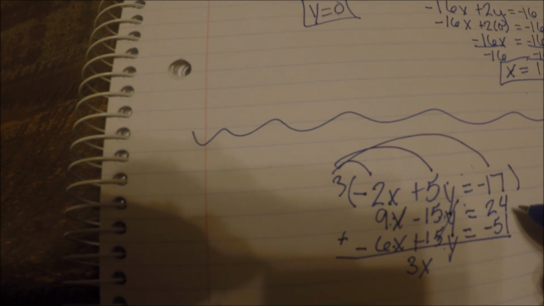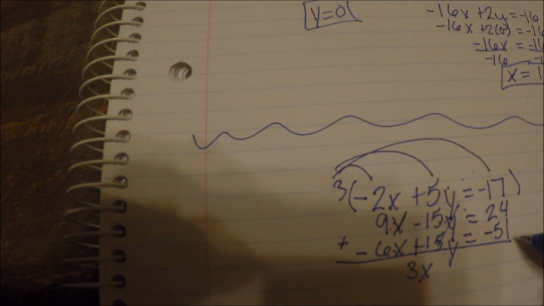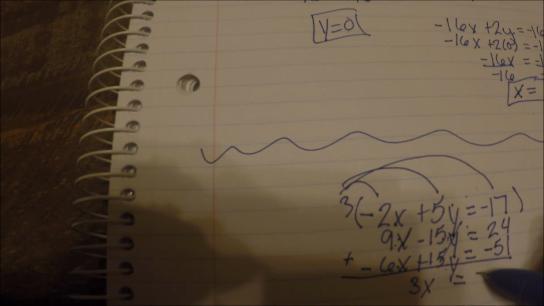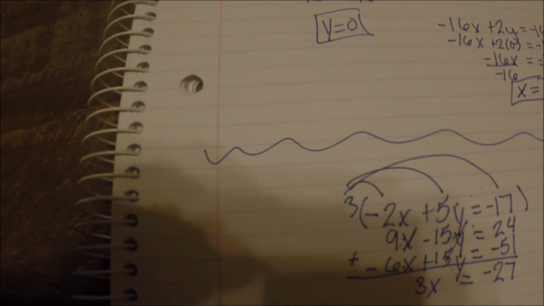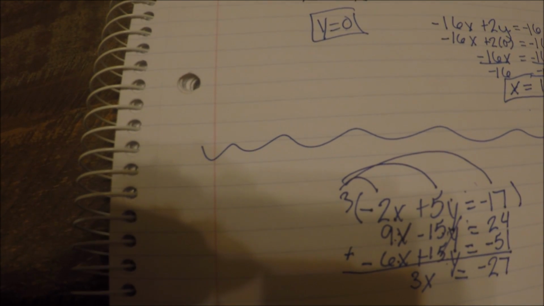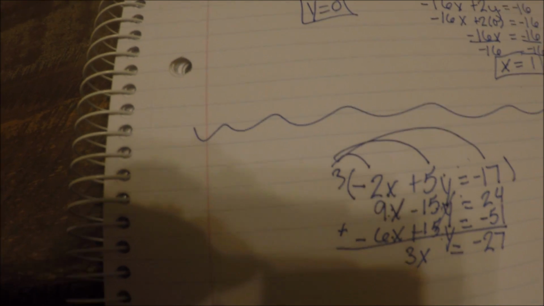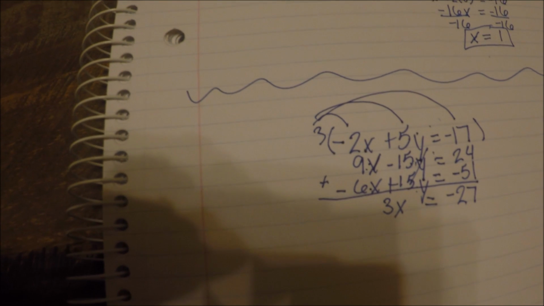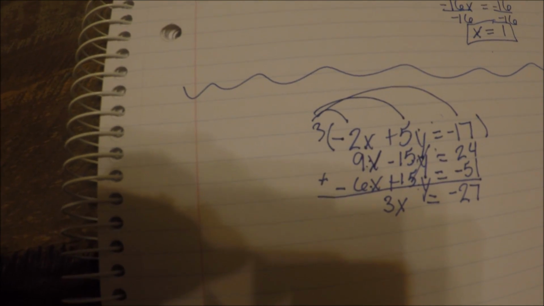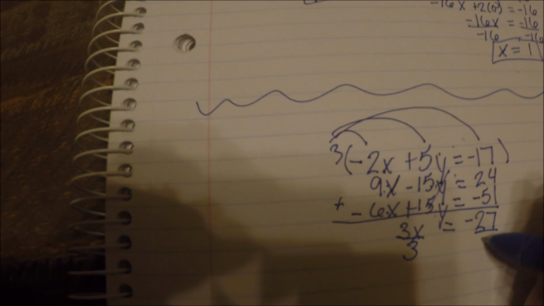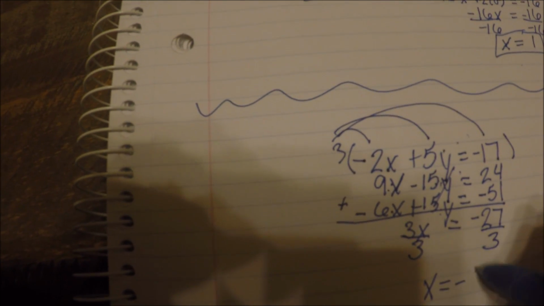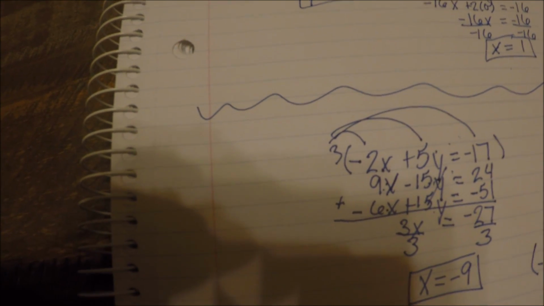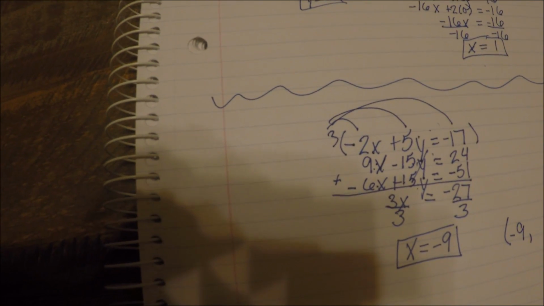And 24 and negative 51 would give us negative 27. So now we just need to get x by ourselves. What's the next step to get that x by itself? Divide by 3. So x equals negative 9. So we have the first part of our coordinate where they intersect.